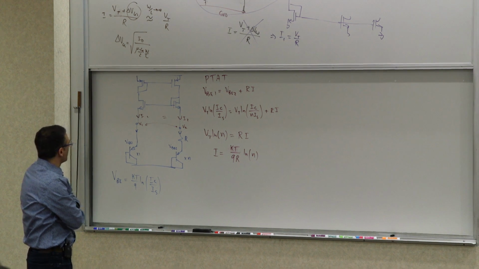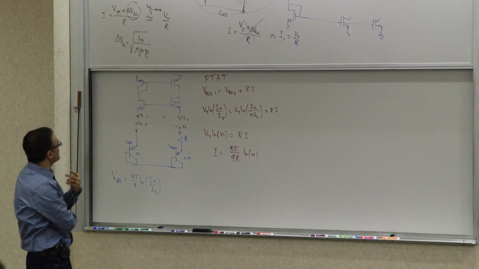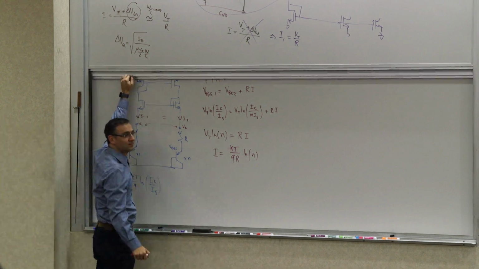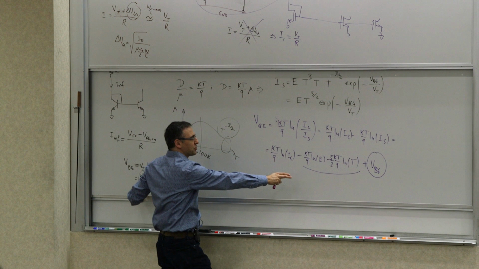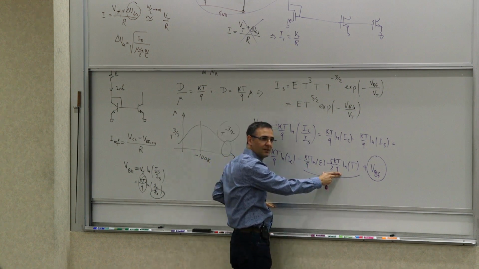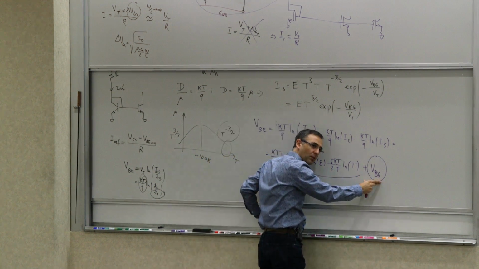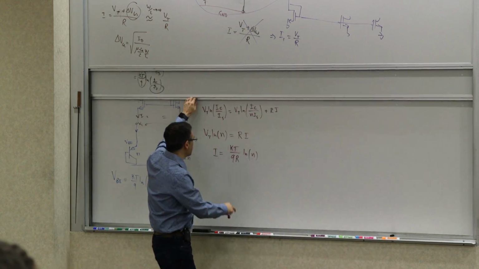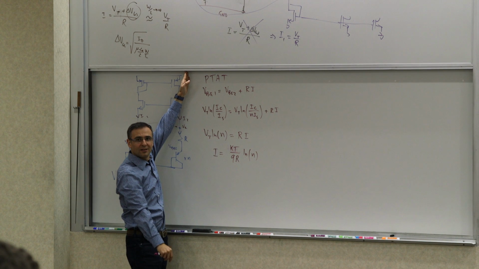Right? So now we have two things. We have a VBE which has a negative temperature coefficient, so this is important, right? And it has a band gap part. And we have something that has a positive temperature coefficient.